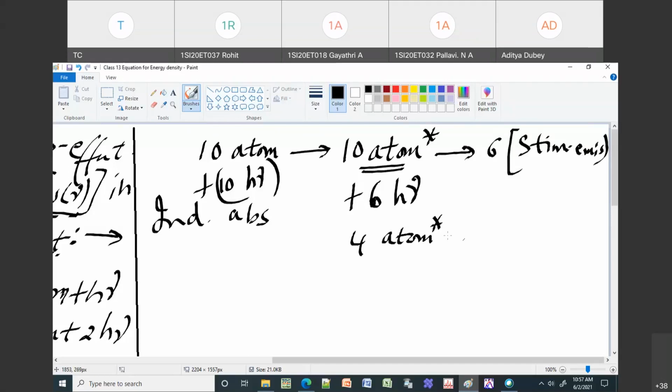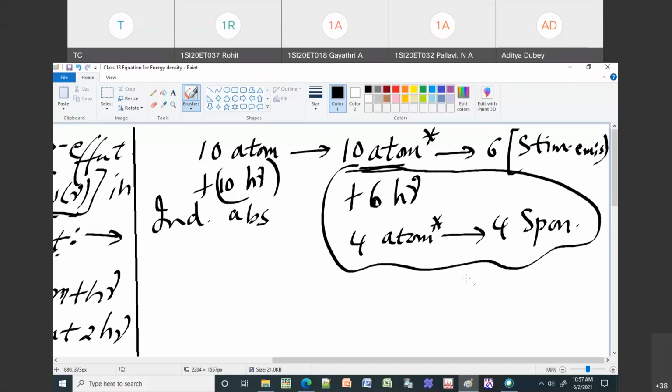These 4 atoms will undergo spontaneous emission, because after 10 raised to minus 8 seconds, all these atoms should come down to the ground state. So if I want all 10 atoms to come down to the ground state, then it is 6 atoms undergoing stimulated emission and 4 atoms undergoing spontaneous emission. So that is the reason.